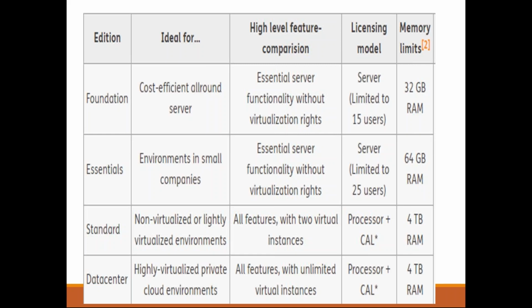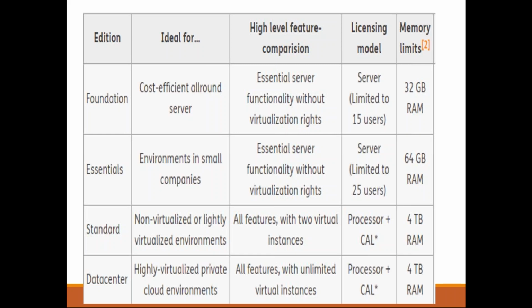It is limited to 25 users, so 25 employees can operate this server. The RAM is good compared to Foundation. It is double that of the Foundation. It supports 64 GB RAM. Imagine, 64 GB RAM you can have, that too in a server system, not desktop PCs.